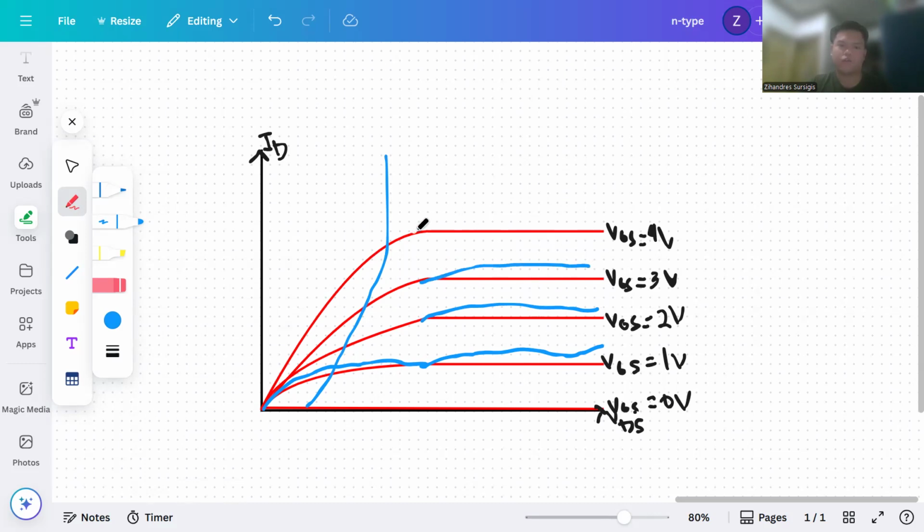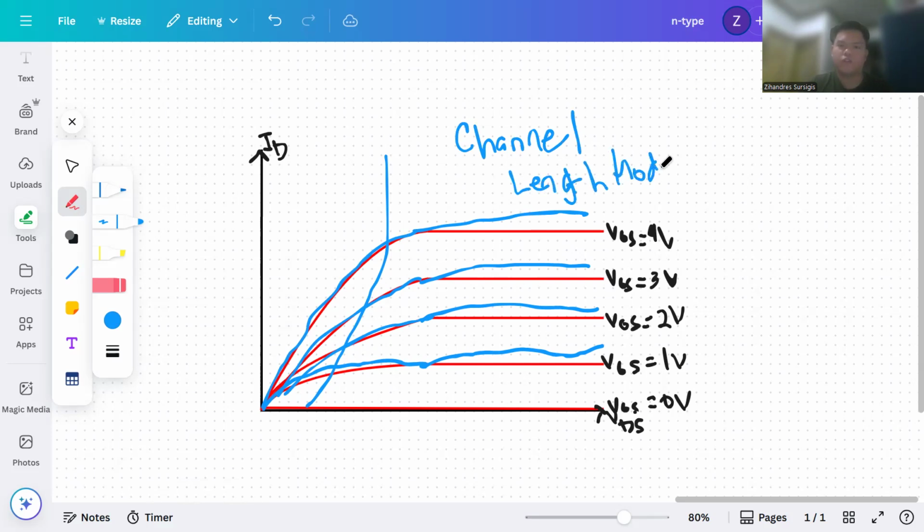This is the real version when the non-idealities are considered. This is what you call the channel length modulation phenomenon. Sorry sa handwriting. Pero yeah. Like that.